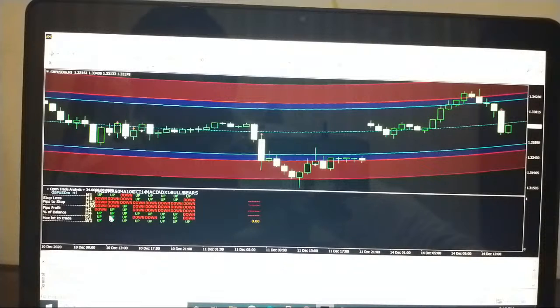If you look at the 1 hour trend dashboard, we have 1, 2, 3, 4, 5, 6 downs and 2 ups here. Six downs is a significant sign that the currency pair is in the weaker zone. However, if we consult the daily time frame, we have 5 ups and 3 downs.